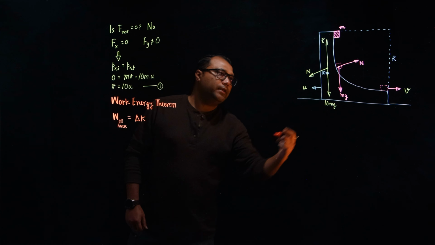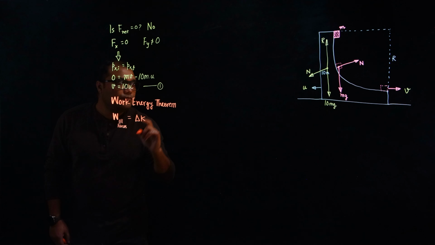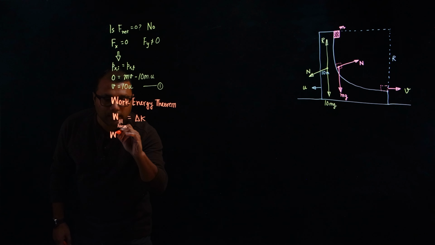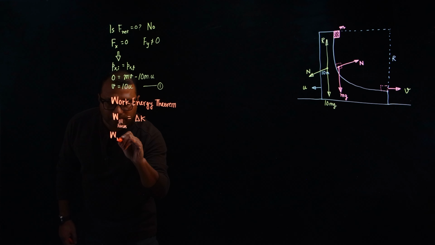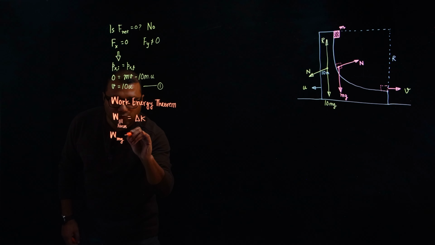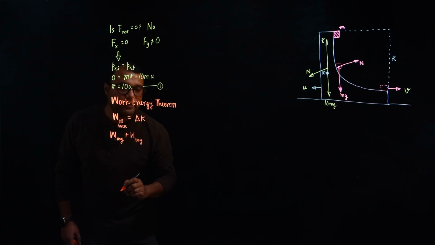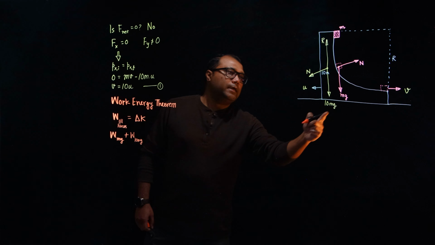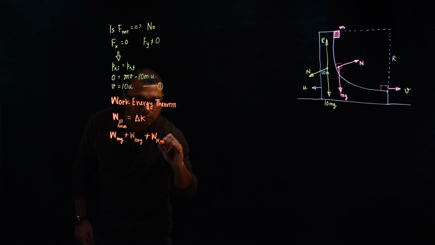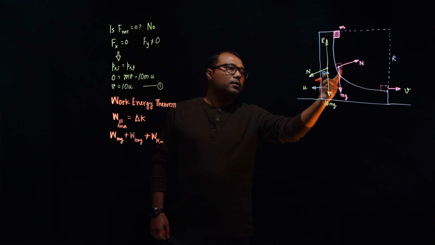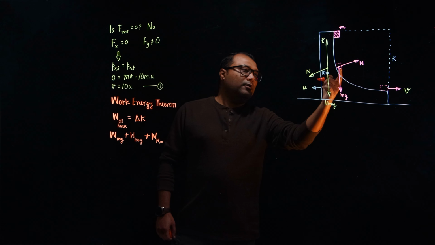It's already given here. So all the forces in the system: work done by mg gravity, work done by 10mg gravity. These two we have taken care of. Then work done by normal reaction, let's say on m, because of the displacement of small m.